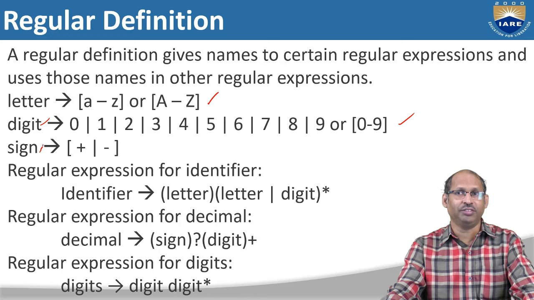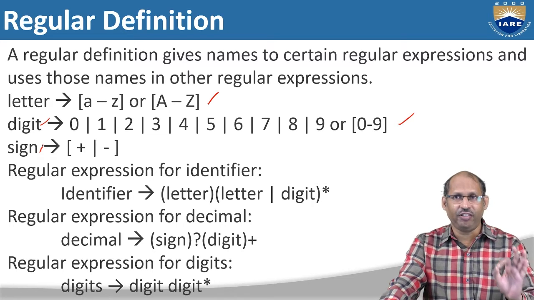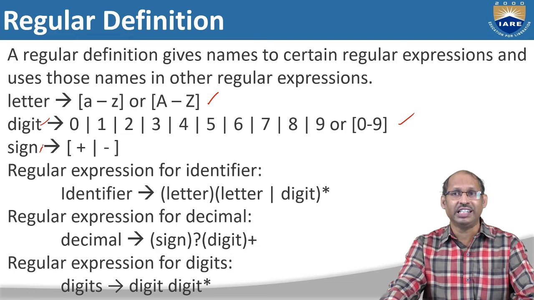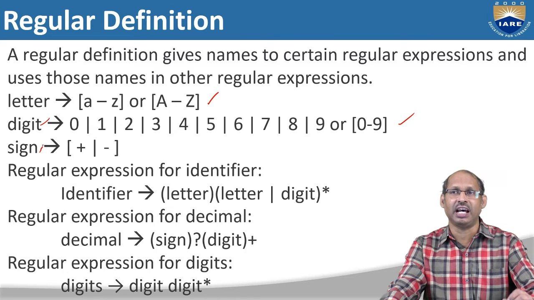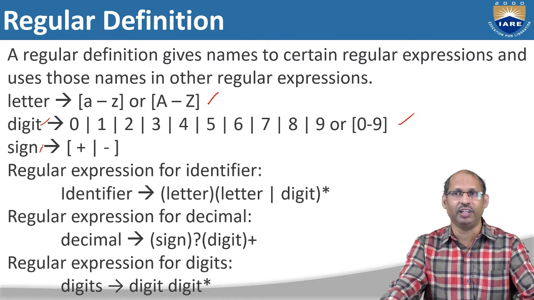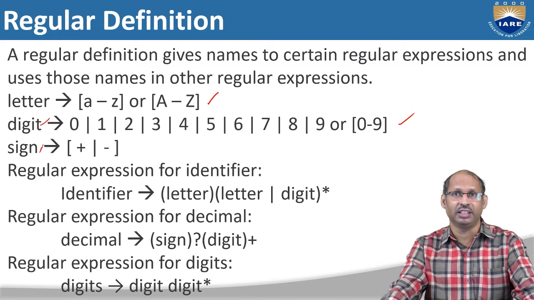So, regular expression for identifier. What is the identifier? An identifier is a sequence of characters. The first one is a letter followed by letter or digit, any number of letters or digits. The first must start with a letter. So we represent this with our regular definitions.